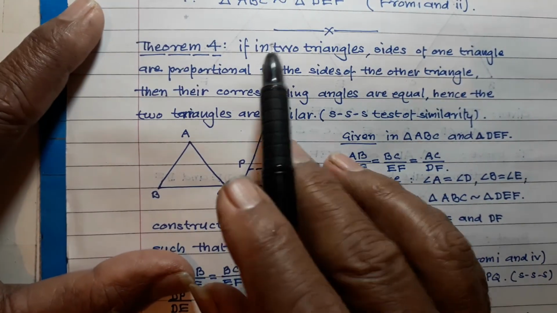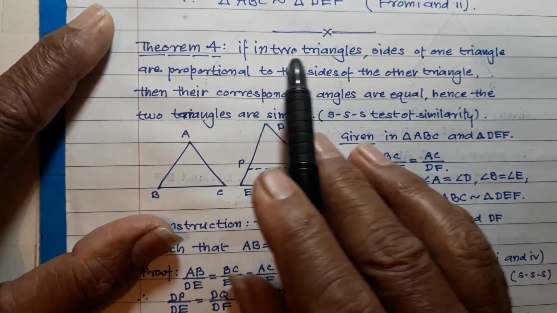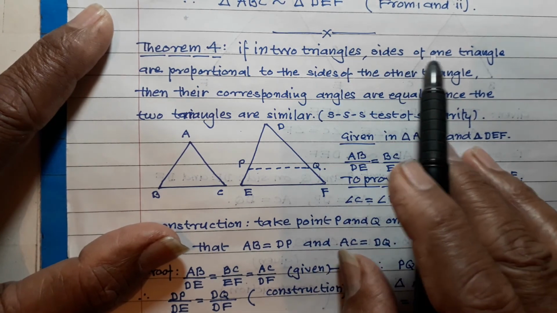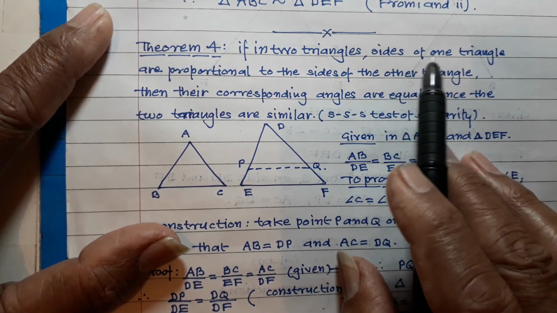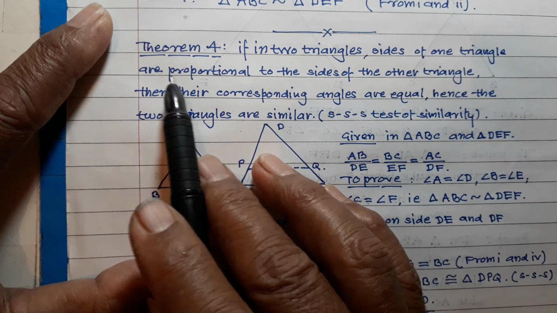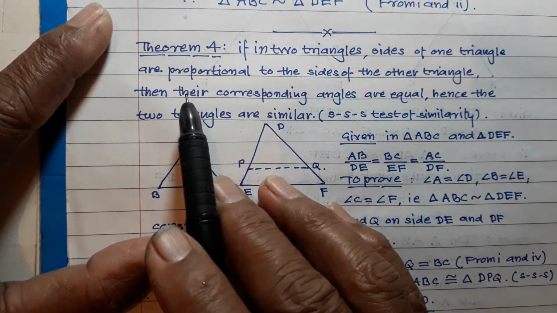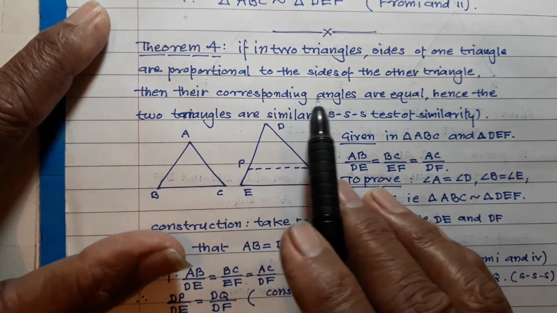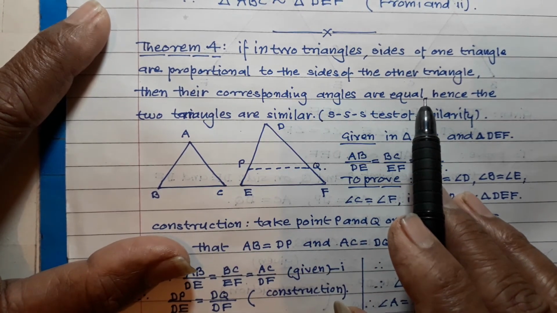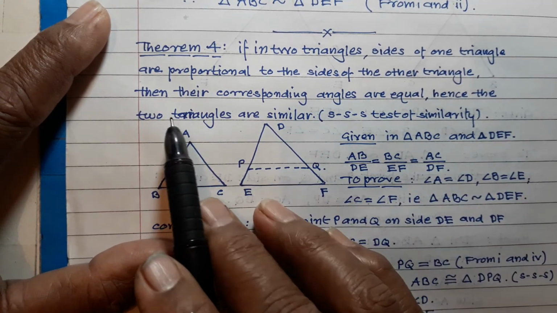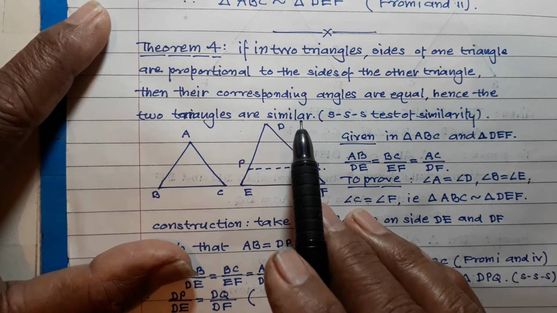Theorem number 4. If in two triangles sides of one triangle are proportional to the sides of the other triangle, then their corresponding angles are equal and hence the two triangles are similar.